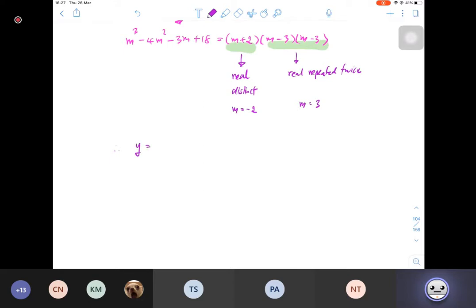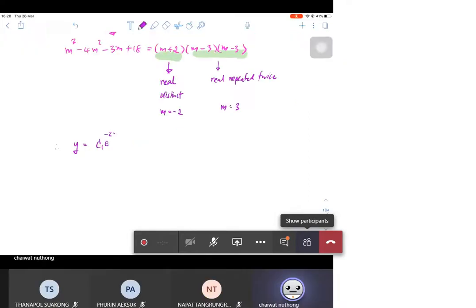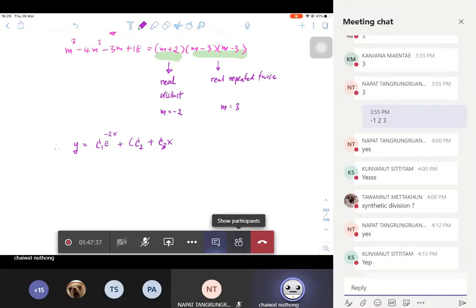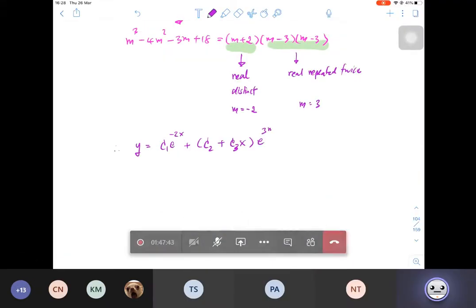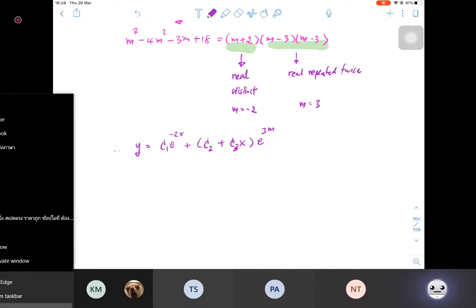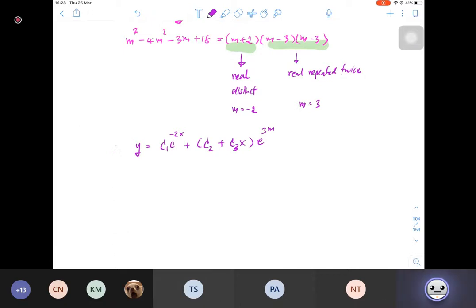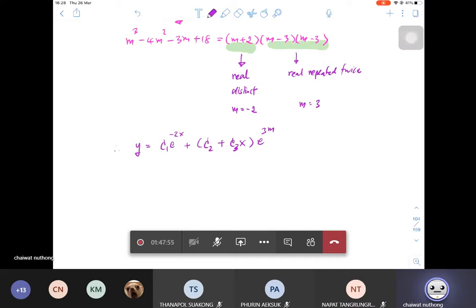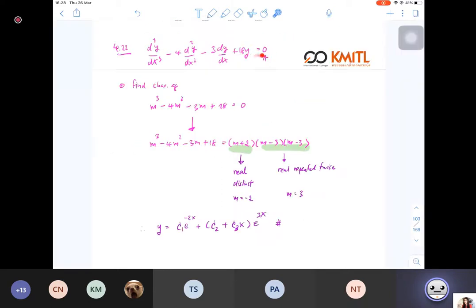So you can write down the general solution. For this, I have C1, and then C2 plus C3x, and then e to the power of. From the differential equation here, you have to see that it is with constant coefficients.